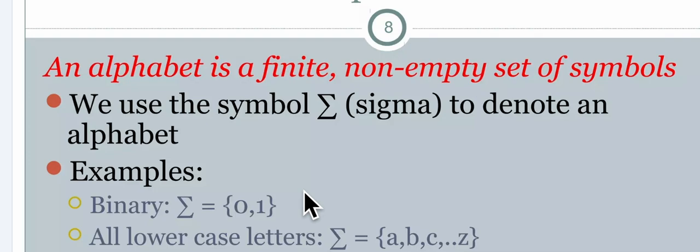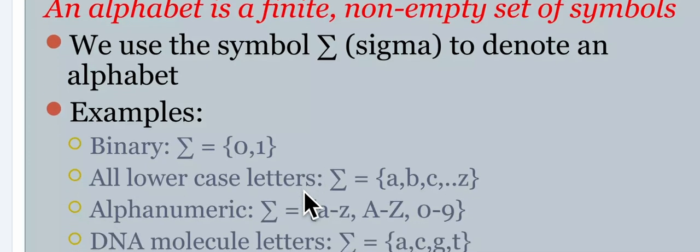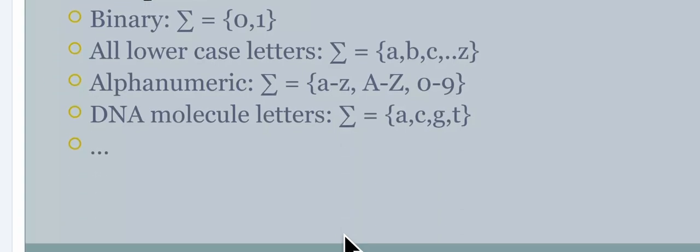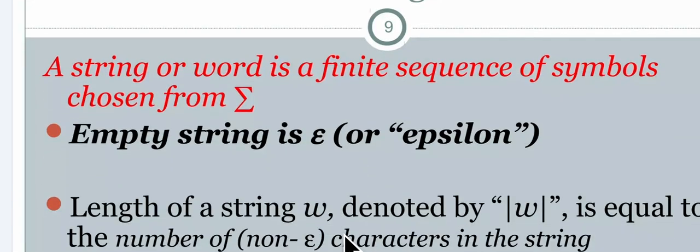An alphabet is a finite non-empty set of symbols. We use the symbol sigma to denote an alphabet. Examples: sigma equals {0, 1}, all lowercase letters, alphanumerics, or the DNA molecule letters A, C, G, T. A string or word is a finite sequence of symbols chosen from sigma. The empty string is epsilon.